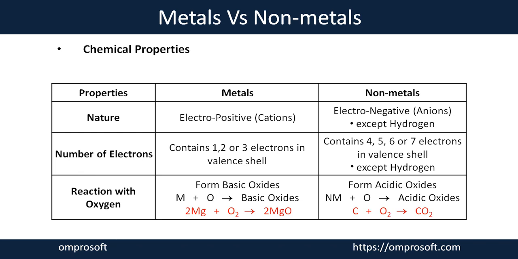For example, carbon, which is a non-metal, when combined with oxygen produces carbon dioxide gas, which is acidic in nature. So this is the difference between metal and non-metal on the basis of reaction with oxygen.